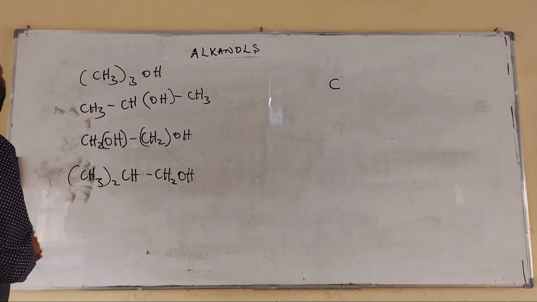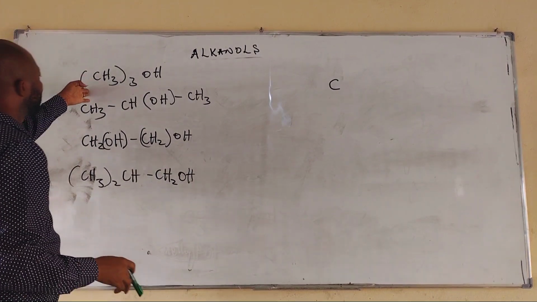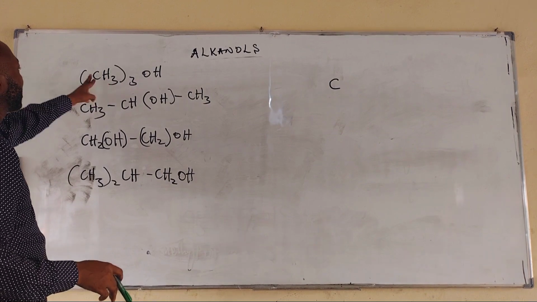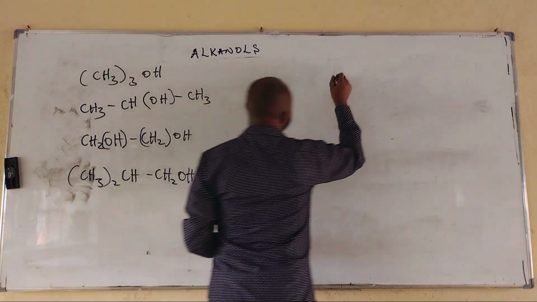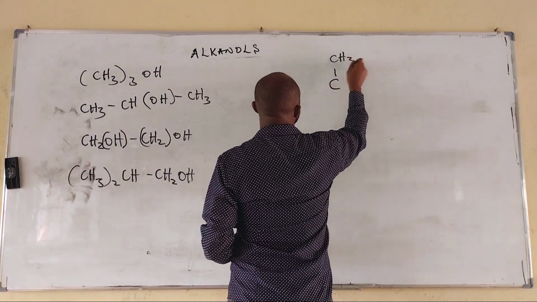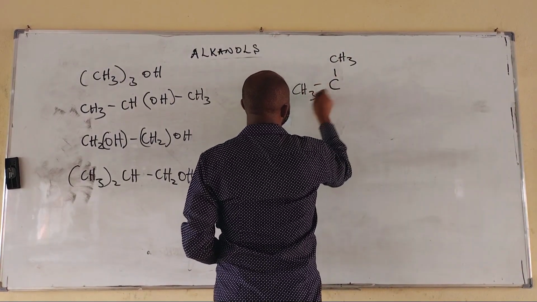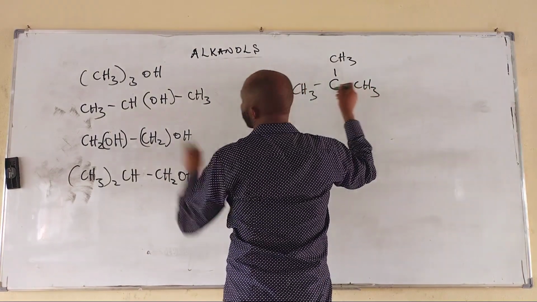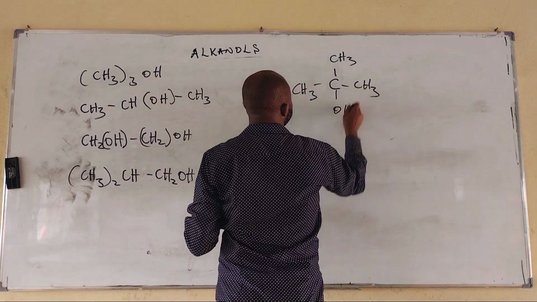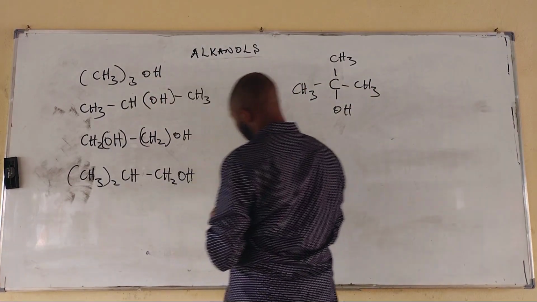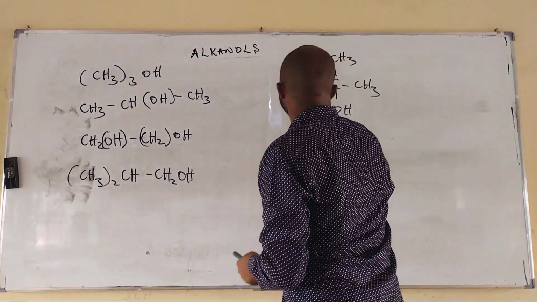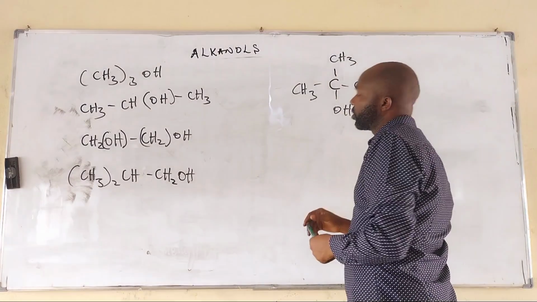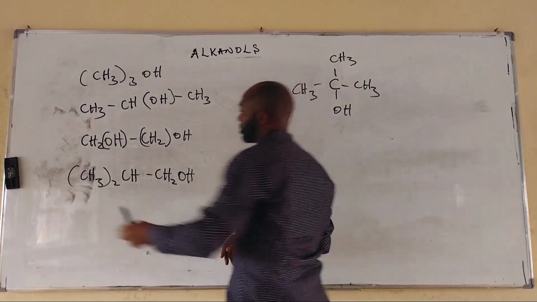There's supposed to be something like CH3, so I think this is what they mean: CH3, CH3, CH3, then this is our OH. So there are three CH3 groups and OH. So this is a tertiary alcohol, so that one is out.